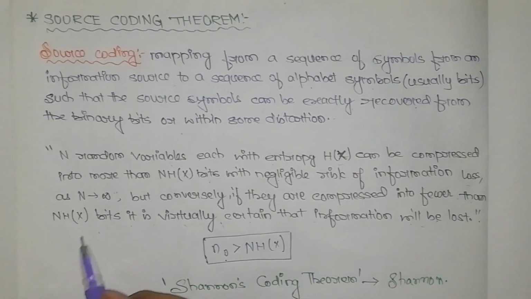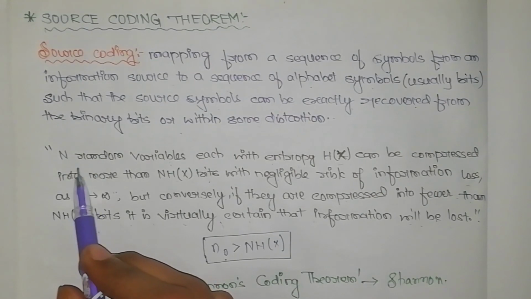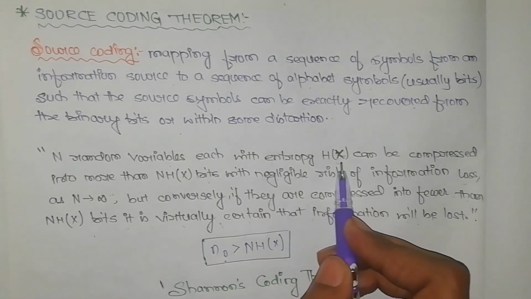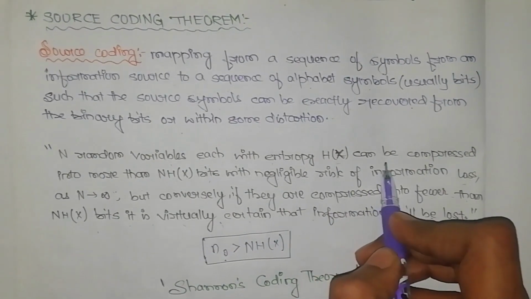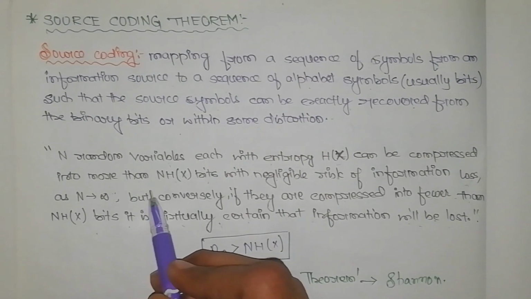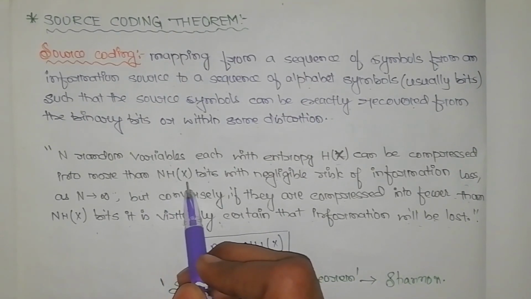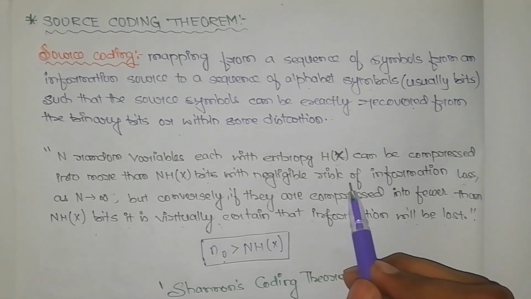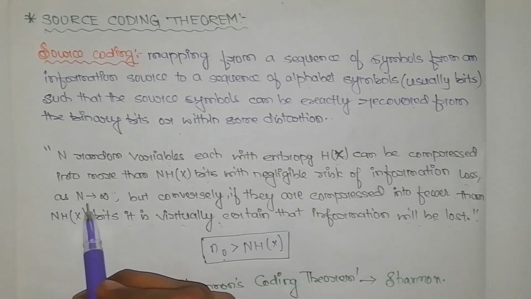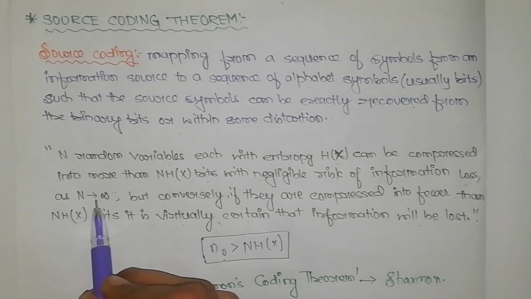So it basically means that suppose there are n random variables, each with entropy H(X), we are required to compress at a rate which will be more than n H bits, and it will have negligible risk of information loss because the number of random variables will be very high.